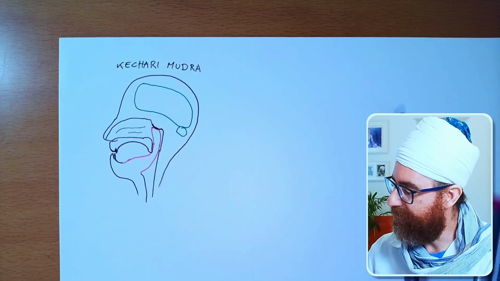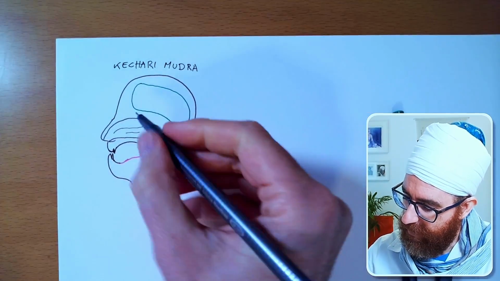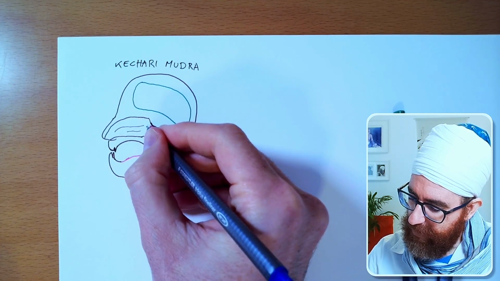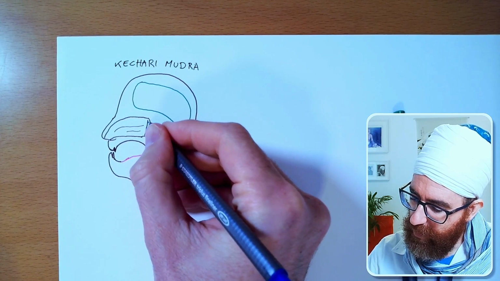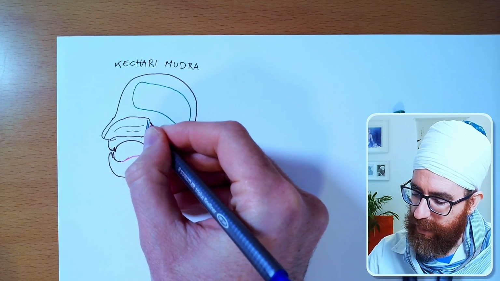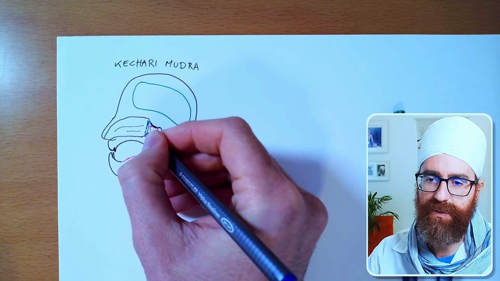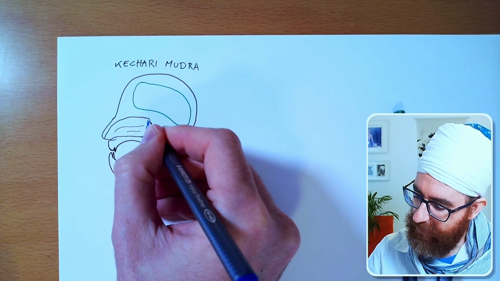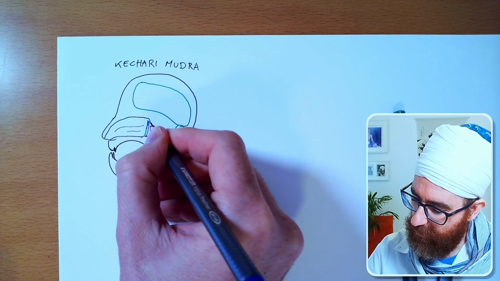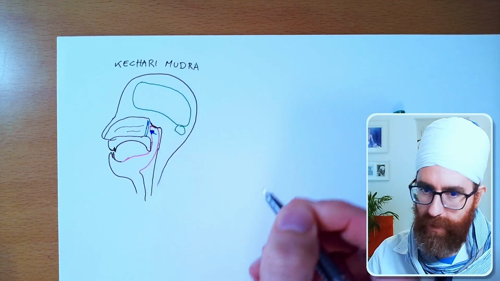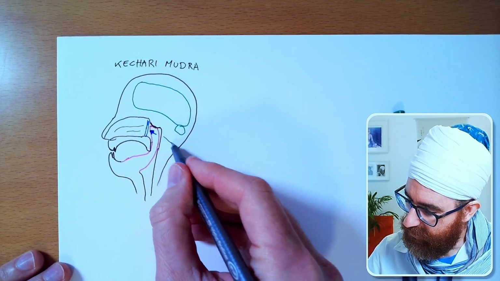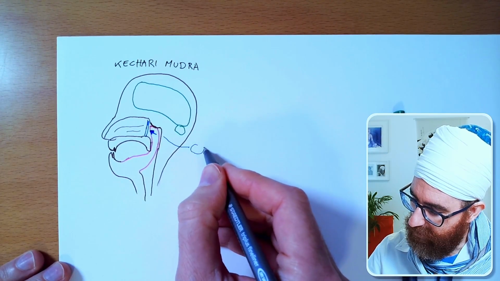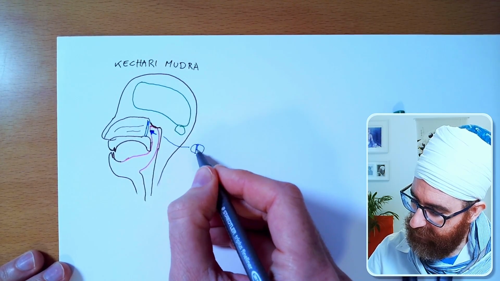But there is a kind of structure here, a bone structure that closes the nasal passage from the inside. And if you look from the inside like that, in this direction, you would see the opening is closed like that.